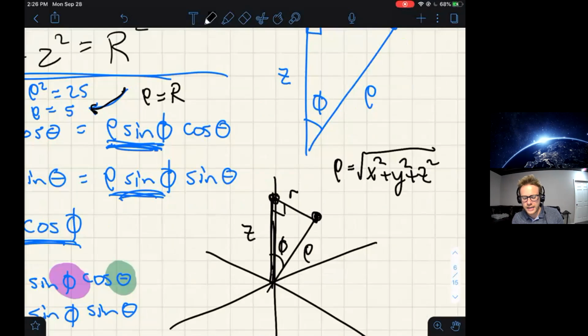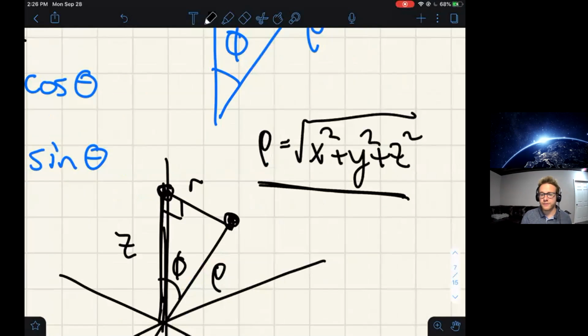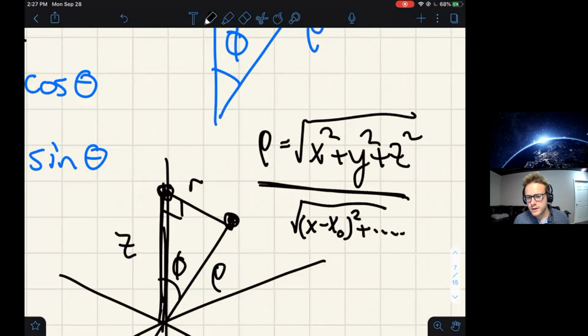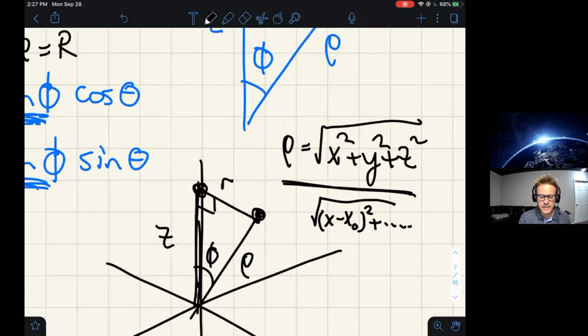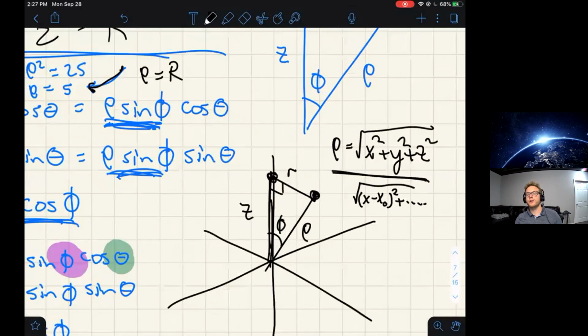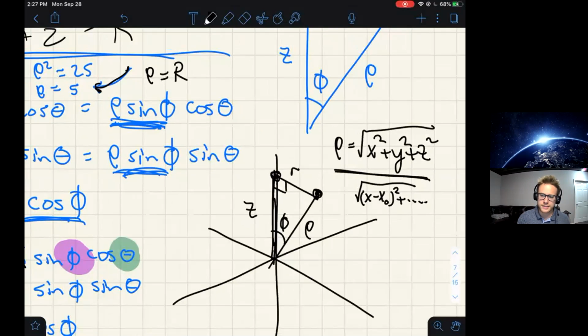This should look a lot like the distance formula back from 12.1, right? So the square root of x minus x naught squared plus y minus y naught squared plus z minus z naught squared. So this is a distance from the origin. So we're fixing a specific distance from the origin in 3 dimensions, x's, y's, and z's.